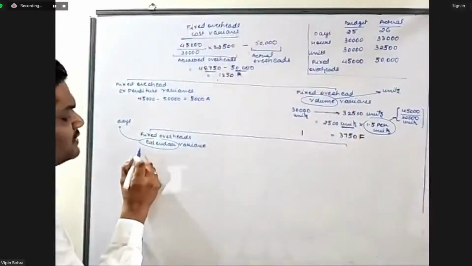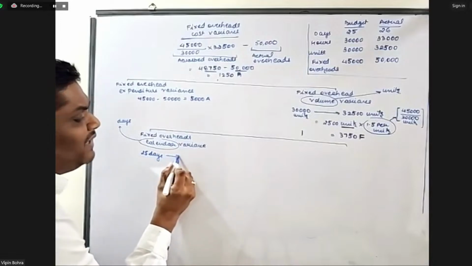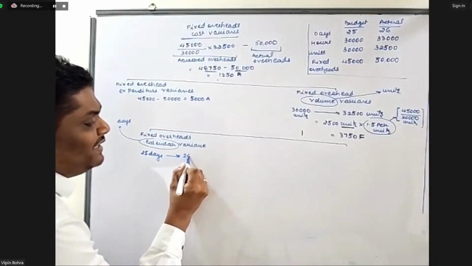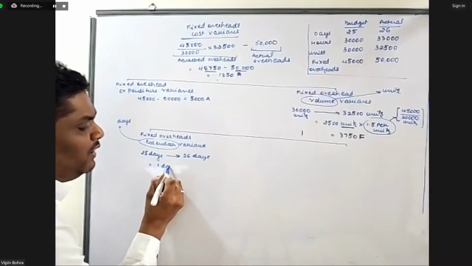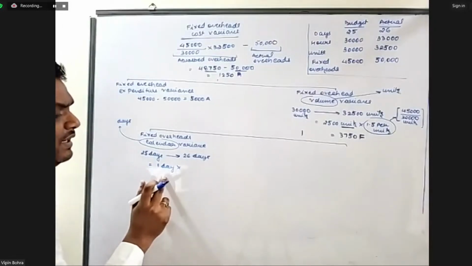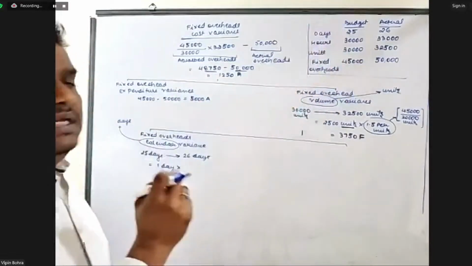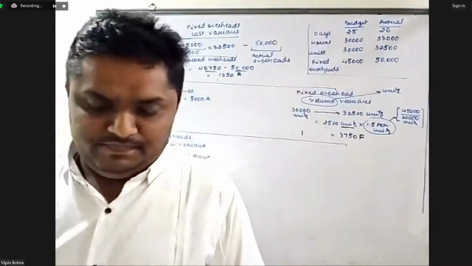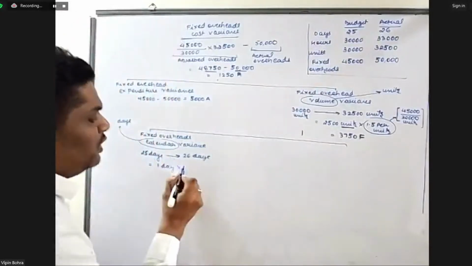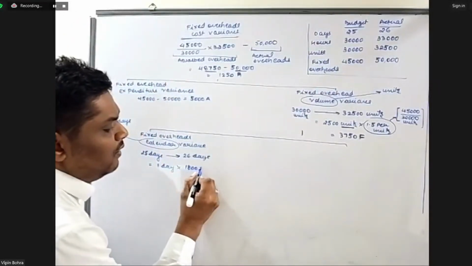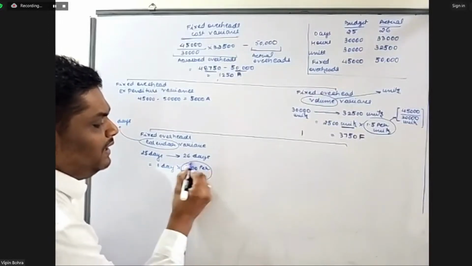So my workers were supposed to report for 25 days in a month, but they worked for 26 days in a month. So 1 day extra they reported. Since it is a rate per day, we will be calculating the rate per day, that is 45,000 divided by 25. So it will be 1,800 per day. How come 1,800 per day?